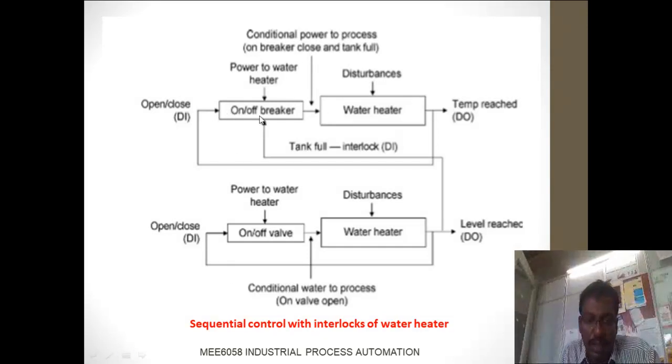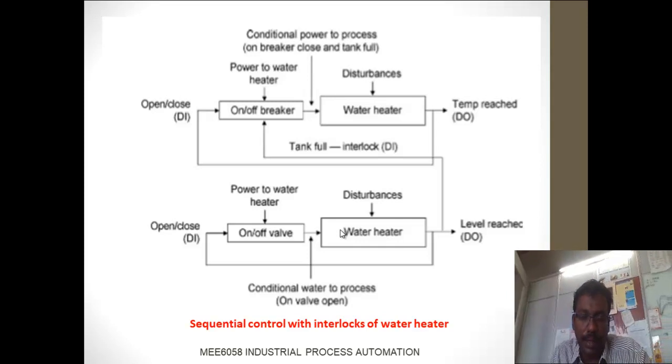It takes care of switching the water heater on or off, and switching the level control in the water heater on or off. So what happens? It takes a signal from the water level, that is, the level of the water in the heater, and it goes into the breaker.